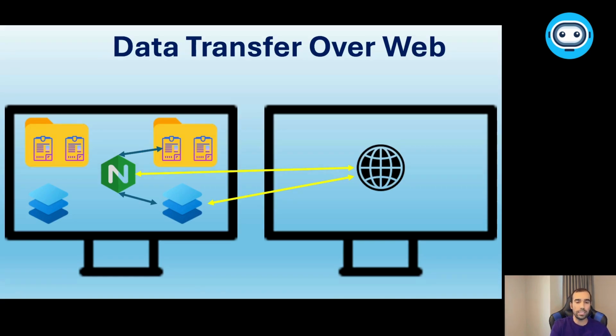Here, the same thing happened. Nginx will call the appropriate backend. The backend service will do the further processing, and once the appropriate result is generated and ready, the backend service will directly send it to the user's browser or to the client side. This is how data is transferred over the web.